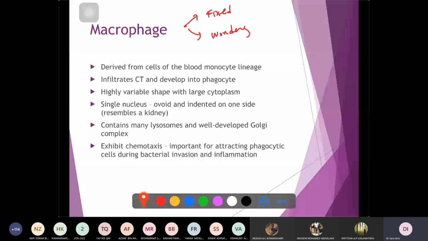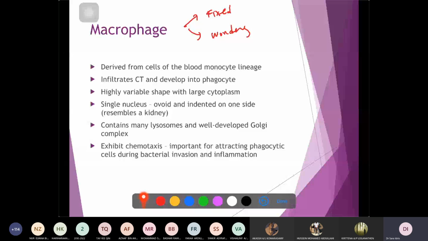When it becomes a phagocyte, it has a very large cytoplasm and one single nucleus. Quite important in macrophages is that they have a lot of lysosomes and a well-developed Golgi complex. Lysosomes help to lyse things, and the Golgi complex is important in protein synthesis.